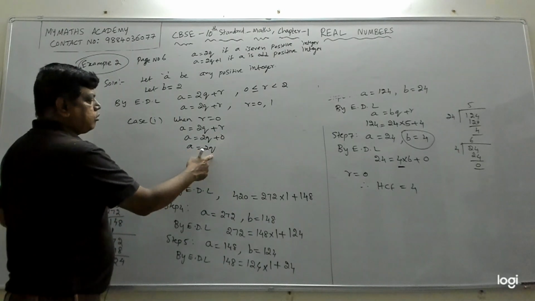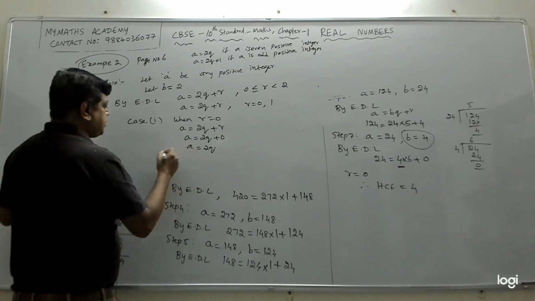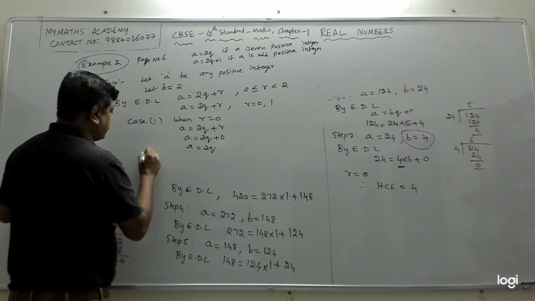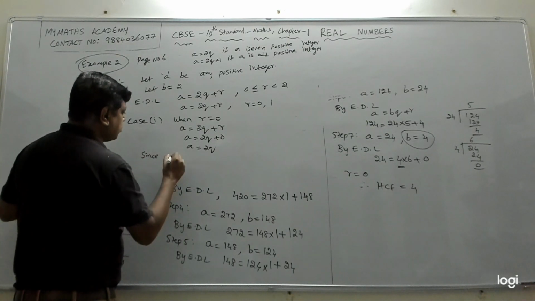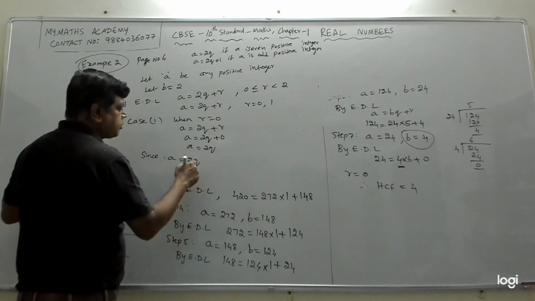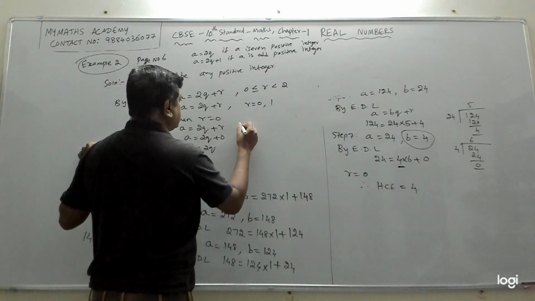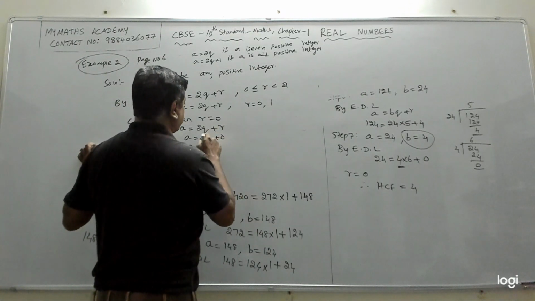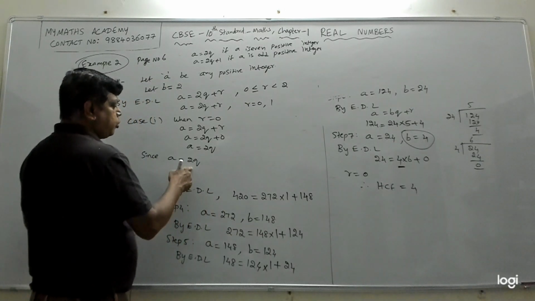When A is equal to 2Q, which means A is equal to 2 into some number, where Q is an integer. Q and R are integers.